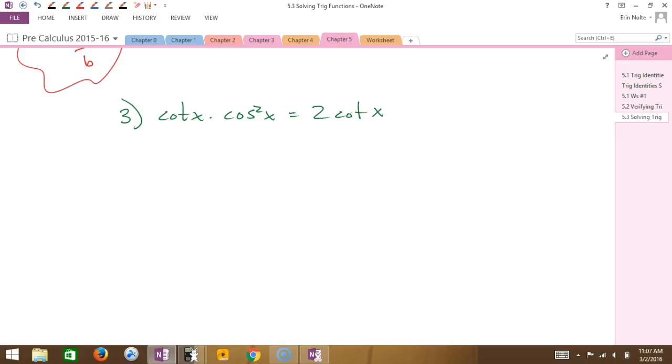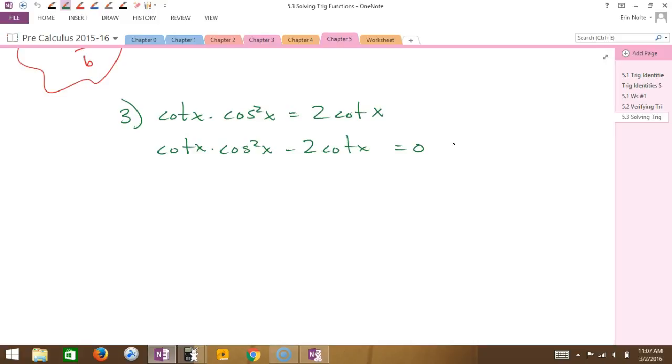Okay, so if I pull everything to the same side, I'm going to start by just subtracting the 2 cotangents to the left. So cotangent of x times cosine squared minus 2 cotangents of x. Okay, so now we're going to condense this into one trig function.